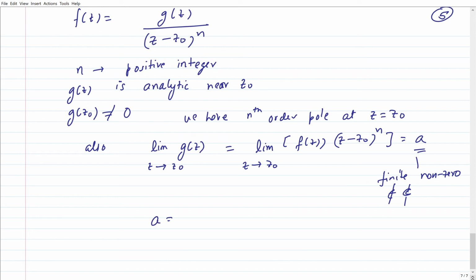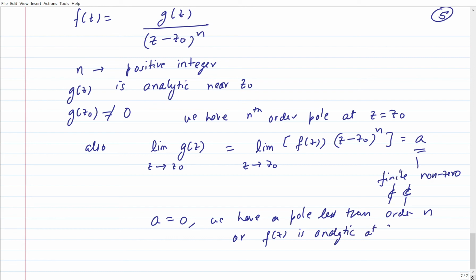If a is equal to 0, then we have a pole of less than order n, or fz is analytic at z0.